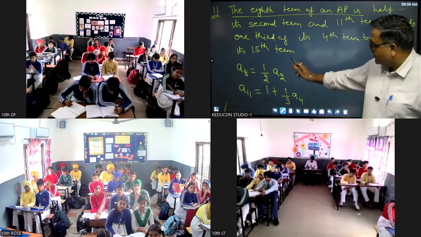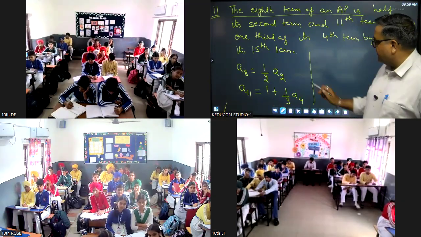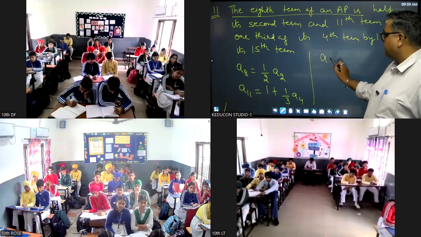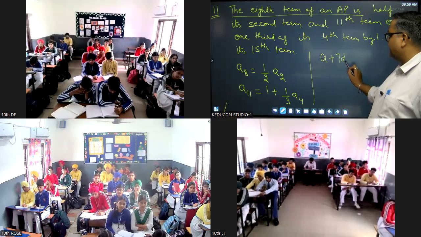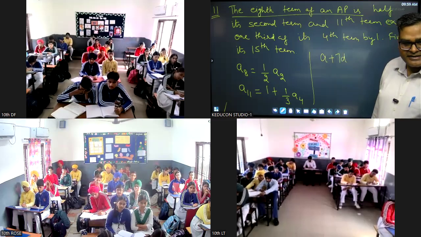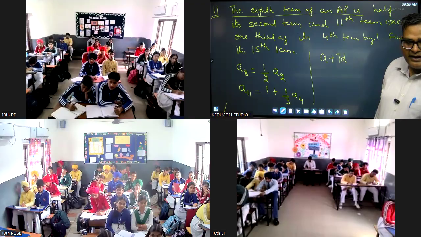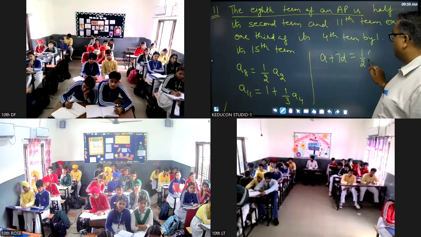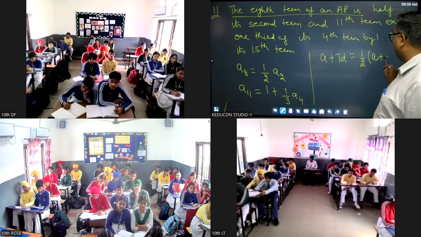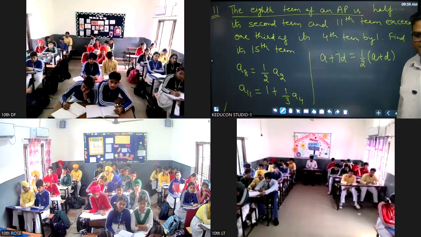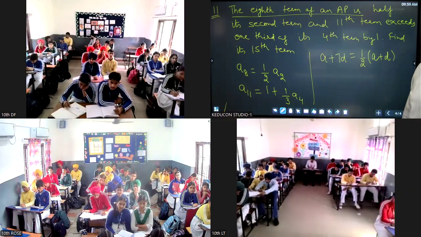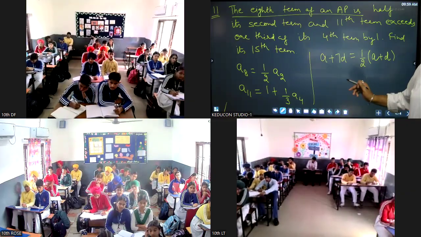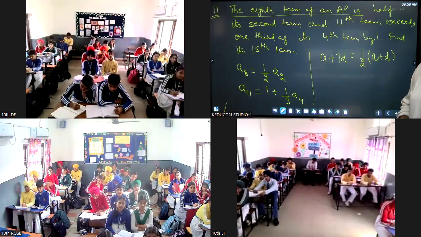Now we'll solve these equations. The first equation: what is the 8th term? A plus 7D. Is this clear? A plus 7D equals 1/2 of the second term. The second term is A plus D. Is this clear, children?